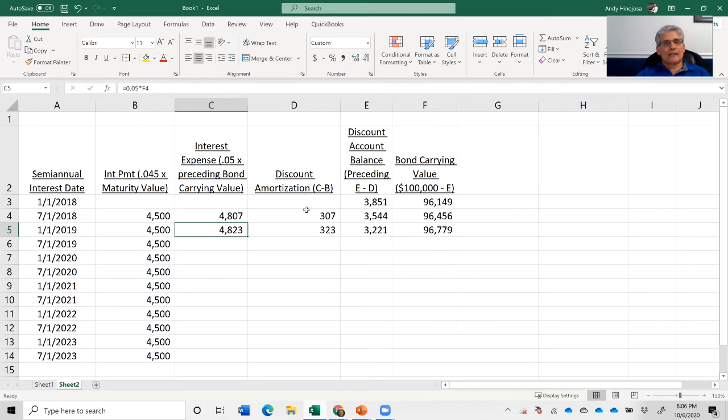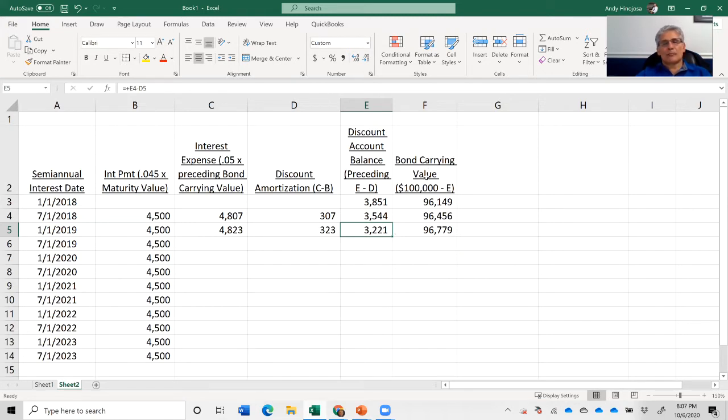We'll compute the discount amortization by taking the difference between the interest expense we just computed and the payment. That difference is $323. From there, we take the preceding amount of $3,544, subtract the discount amortization of $323, which gives us an updated balance after the payment on 1/1/19 of $3,221.